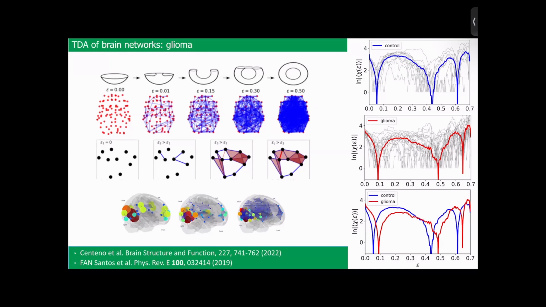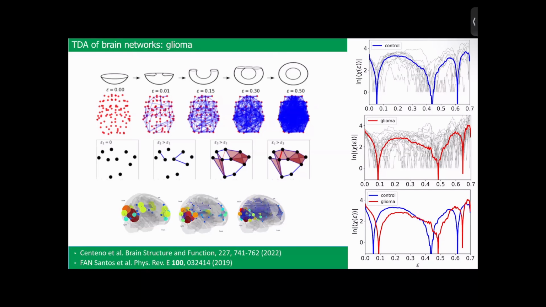So glioma is a very invasive type of brain tumor which has quite complicated life expectancy. So the group of Linda Gao and Fernando really worked on trying to gain more information from network theory on the prognosis of this type of disorder.